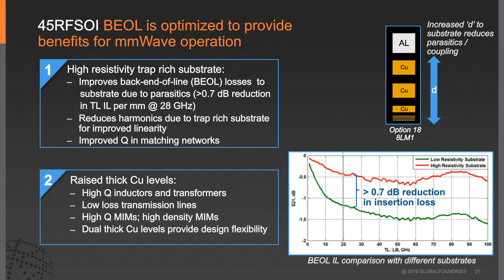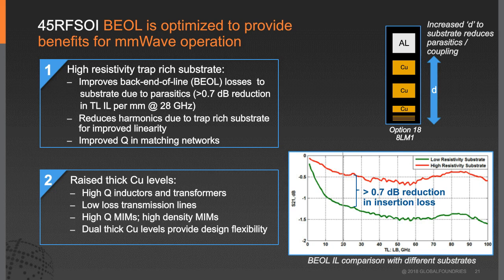It also reduces harmonics, again due to the trap-rich substrate, and improves Q in matching networks. We also offer raised thick copper levels, which get you high Q inductors and transformers, which again help in matching networks, low loss transmission lines, high Q MEMS, and high density MEMS.